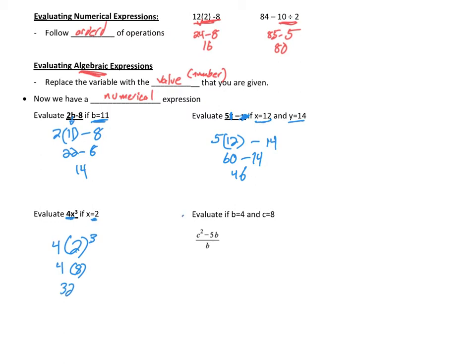Okay, now this one looks a little more complicated. Evaluate if b equals 4 and c equals 8. Okay, so I'm going to go through and take the c's out and put in 8. Take the b's out, put in 4.